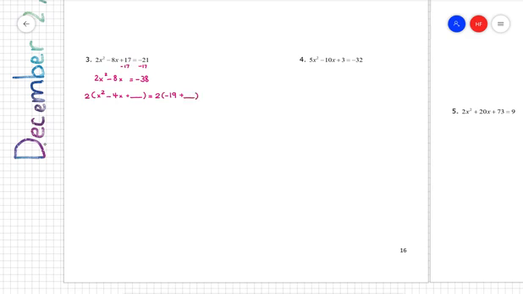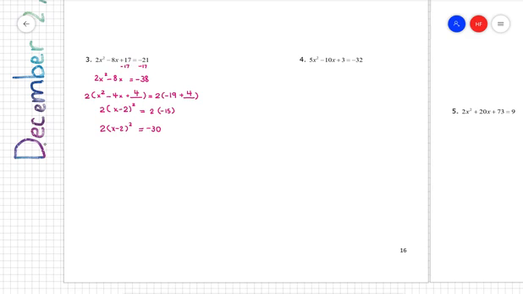And then we'll do the completing the square process. So I'm going to bring down that 2. x minus 4 divided by 2 is 2, squared is 4. Then on the right side we have 2 times negative 19 plus 4, which is negative 15. So 2 times x minus 2 squared is equal to negative 30.